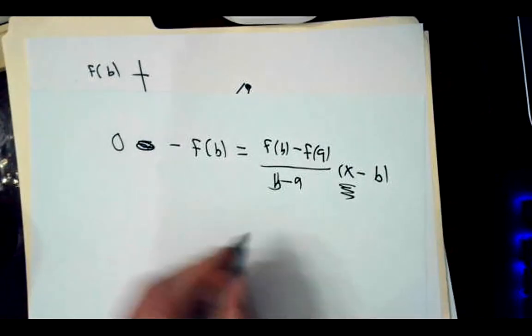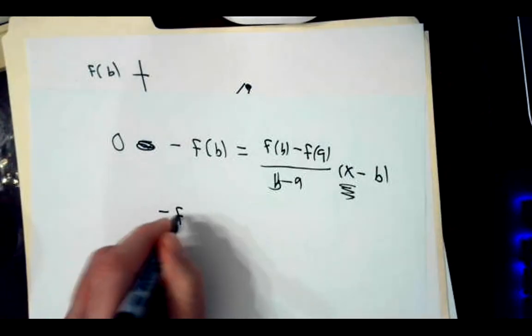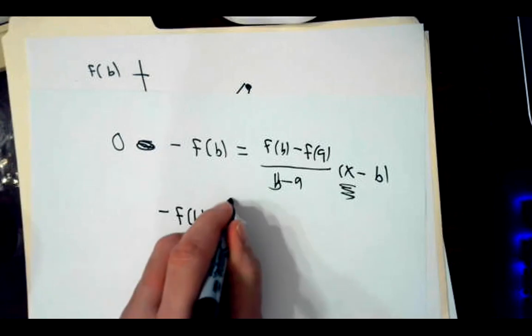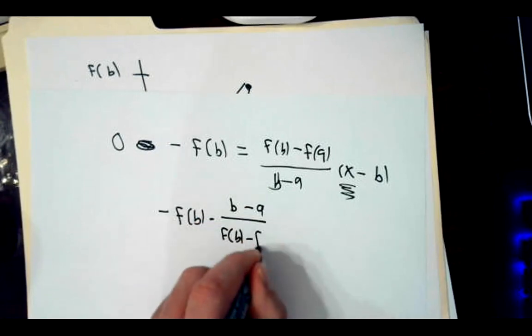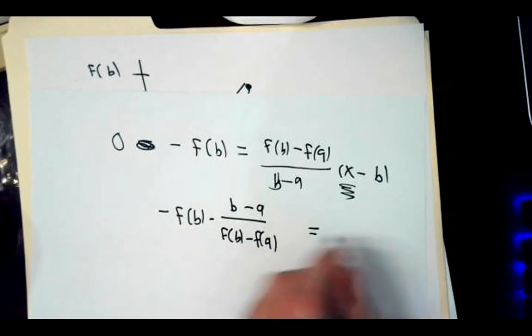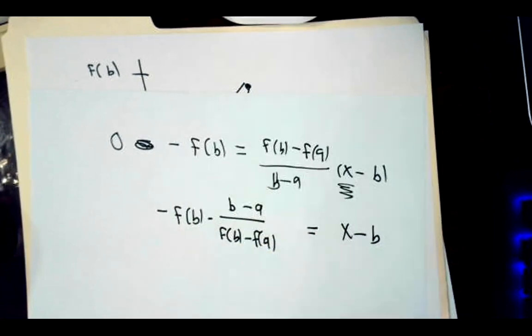of rearranging. Negative f of b times b minus a over f of b minus f of a would equal this x that I'm looking for minus b.